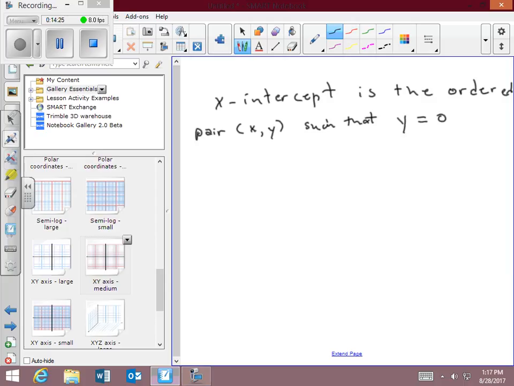That's the x-intercept. So what that's saying is that you will have some value a in the x position, and in the y position you'll always have a 0.